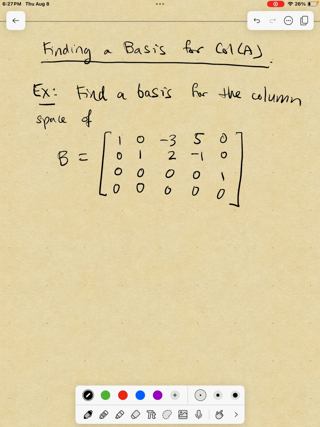I see that I have 5 columns, and each column is in R4. So my column space is a subspace of R4. It's spanned by these 5 vectors, and I want to find a basis for it.